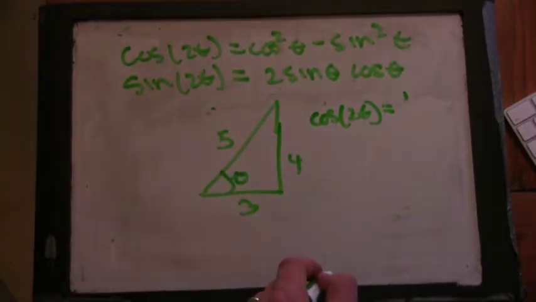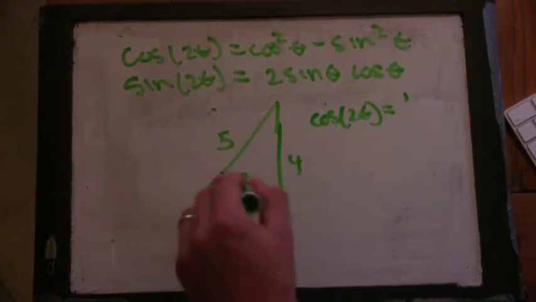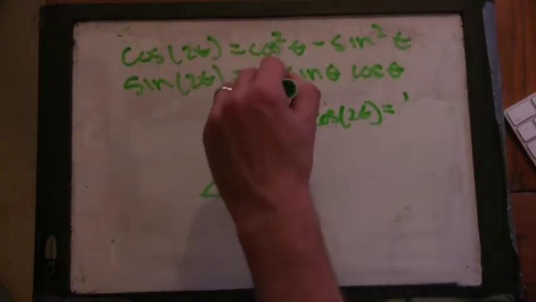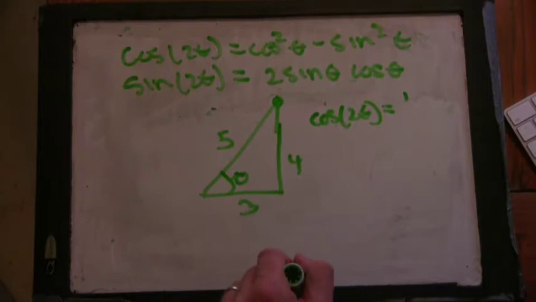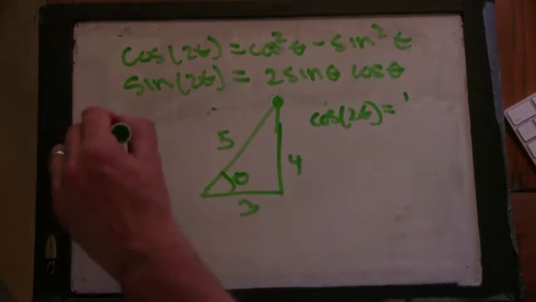Well, we're not in a unit circle. It's adjacent to hypotenuse. It's the x value scaled by the hypotenuse. So cosine of theta is 3/5.